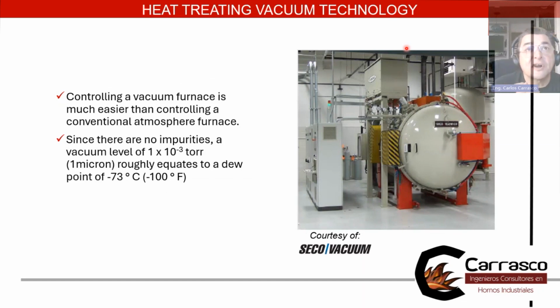In an atmosphere furnace, I introduce an atmosphere that is rich in hydrogen. It also has nitrogen and traces of oxygen, because I generate this atmosphere in separate equipment and introduce it into the furnace. Sometimes it's just pure gases introduced into the furnace.